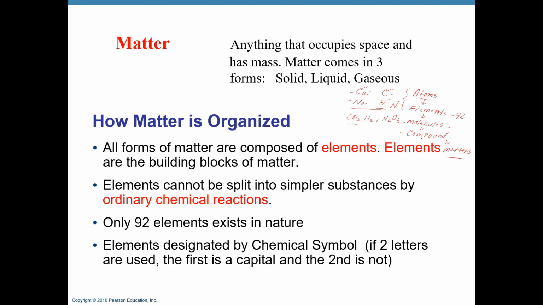Different elements or molecules join together to form a compound. For example, hydrogen and oxygen. When these two are combined together, this is water, and water is a compound. If you combine sodium and chloride together, sodium chloride, this is a salt.